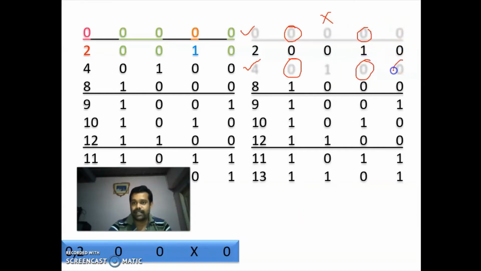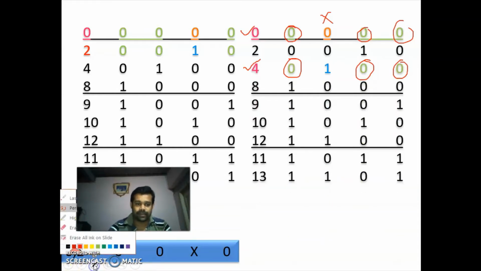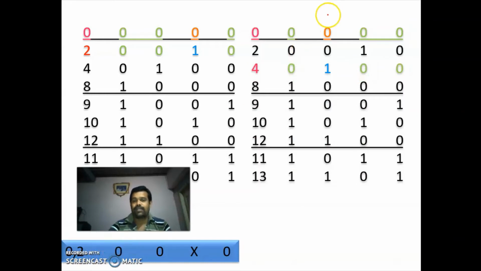Here also it is same. So for 0, since there is only one bit changing, we can consider 0, comma 4 is equal to... The green indicates the bits are the same, and the orange and blue indicate the single bit which is changing.